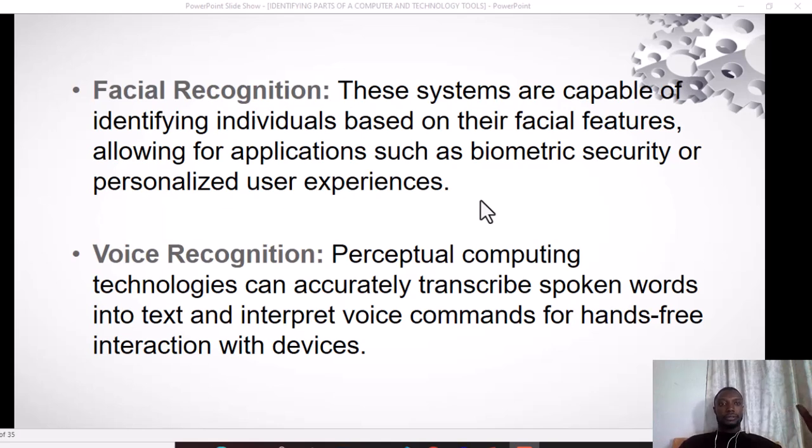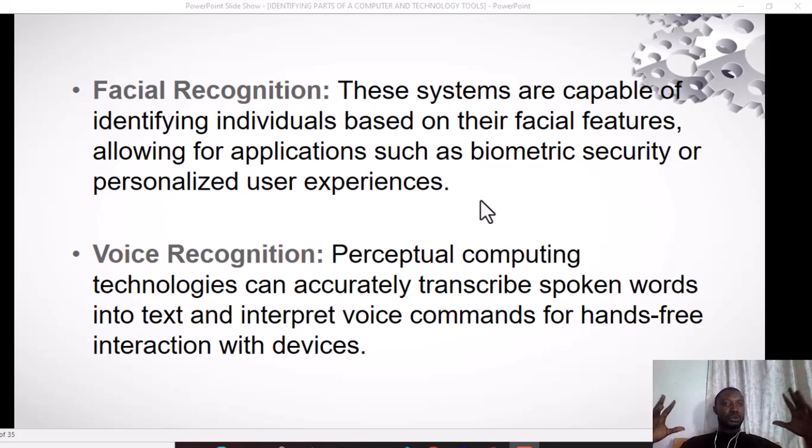These systems are capable of identifying individuals based on their facial features, allowing for applications such as biometric security and personalized user experiences. In the next generation of computers, this perceptual feature will be very important and very advanced compared to today's.